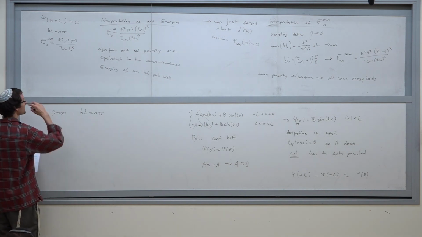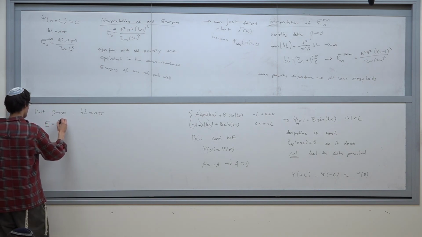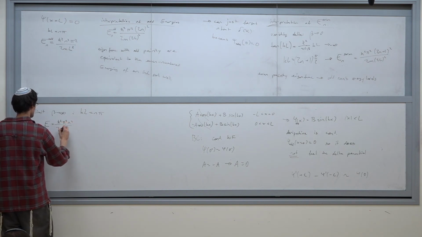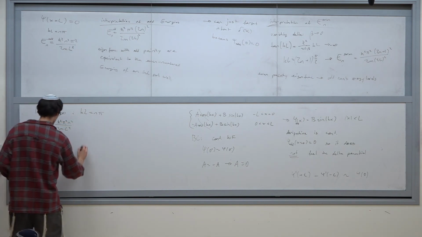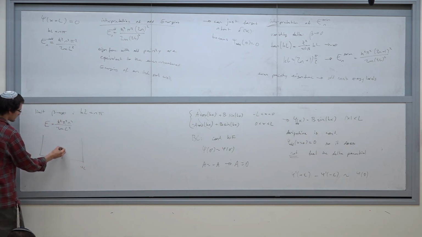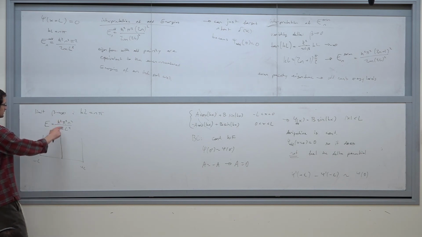In this case, this was minus L, this was plus L, and then the delta in the middle now went to infinity. So now we automatically have two wells because we need the wave function to be even.